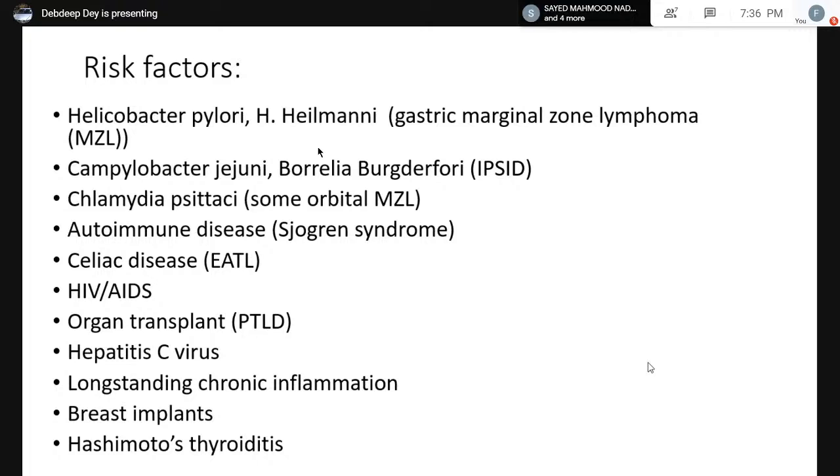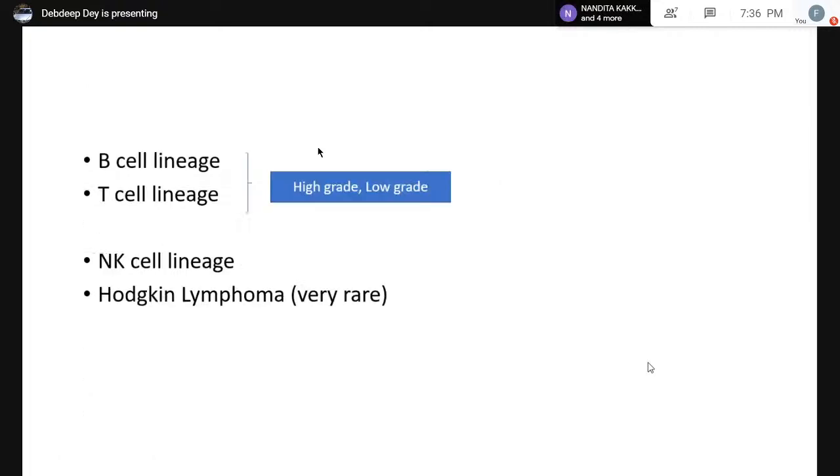Then HIV/AIDS and organ transplant, which can result in post-transplant lymphoproliferative disease, hepatitis C virus, long-standing chronic inflammation, breast implants, and Hashimoto's thyroiditis. So this is a very long list of risk factors associated with marginal zone lymphoma.